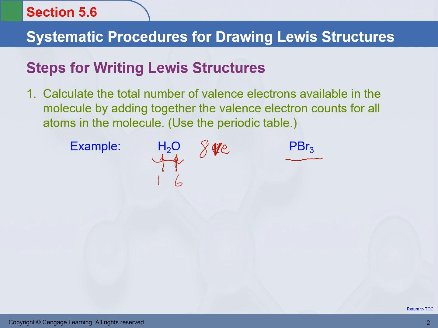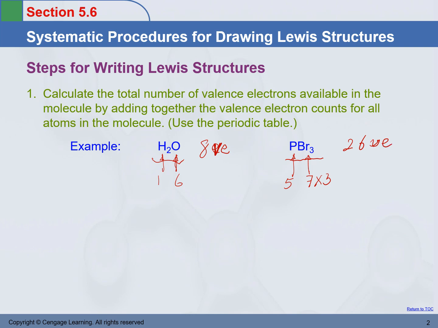Phosphorus tribromide. Phosphorus, column number 5A, 5 valence electrons. Bromine, column 7A, each one has 7. There are 3 bromine, 3 times 7, 21, 21 plus 5, 26. We have 26 valence electrons.